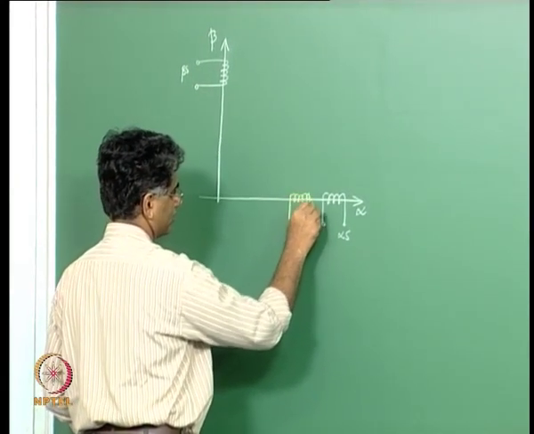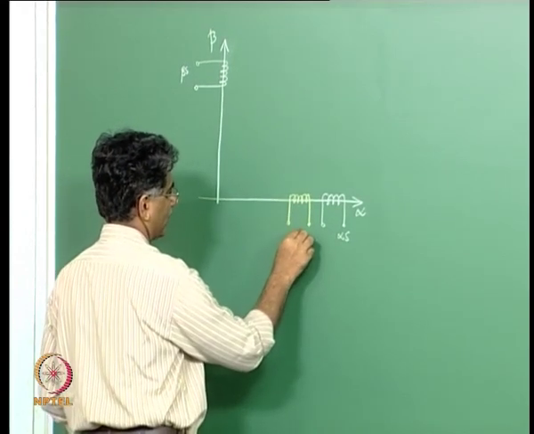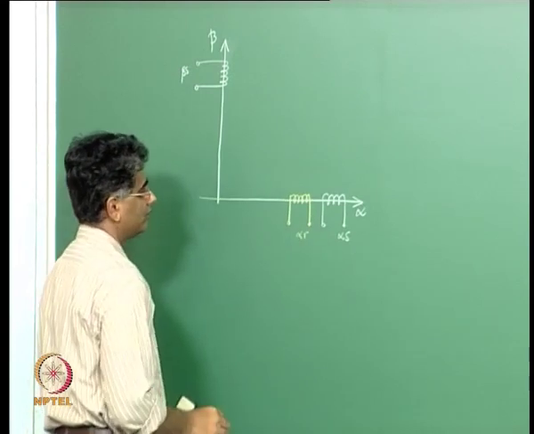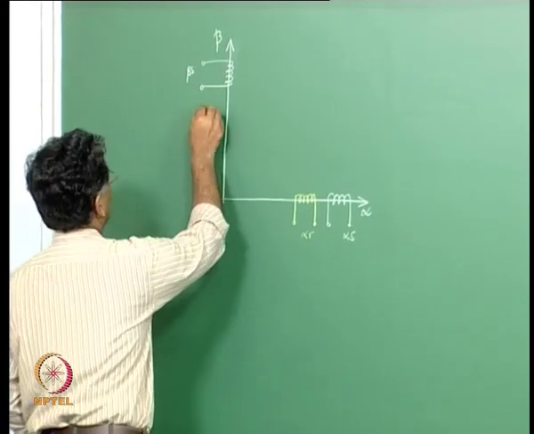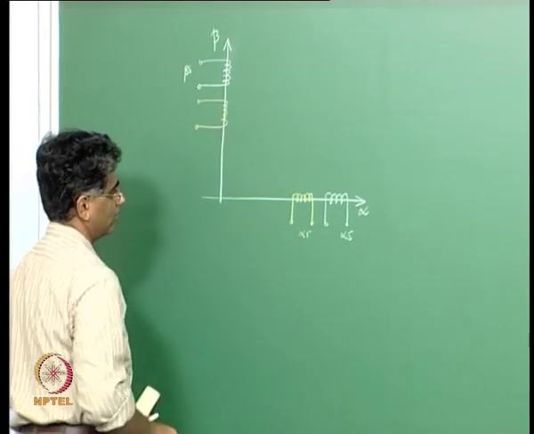It is a pseudo stationary reference frame for the rotor. So you have an alpha R coil and then a beta R coil.